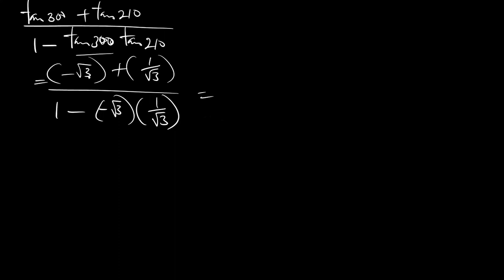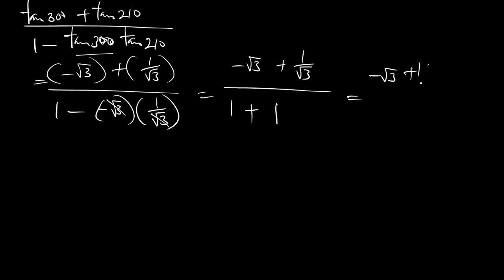So that means this will now be minus root 3 plus 1 all over root 3 divided by 1. Now minus times minus will give you plus. So this will cancel out, you have 1 here. So we now have minus root 3 plus 1 all over root 3 divided by 2.